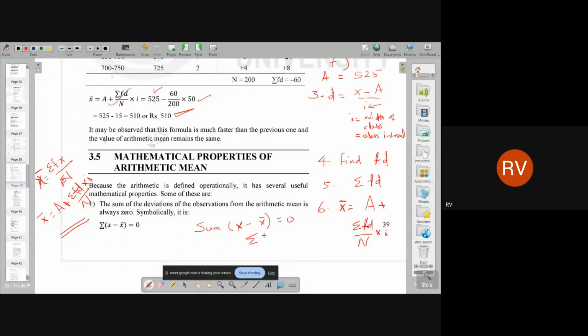That is, sigma x minus x bar is equal to 0. This is the first property of arithmetic mean. It's very important.